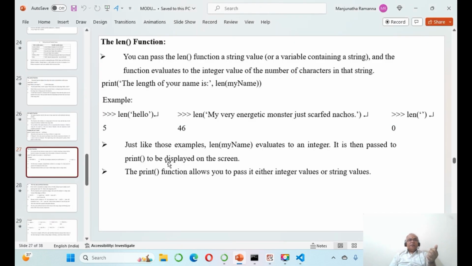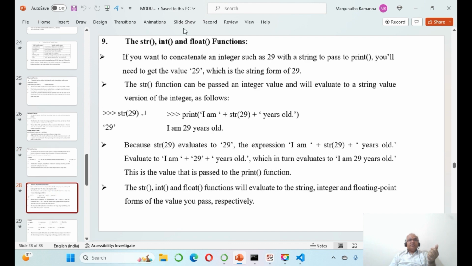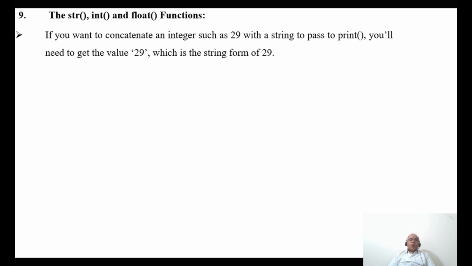Now we will go for the next one, the str, int and float functions. How will this be executed? If you want to concatenate an integer such as 29 with a string to pass to print, you will need to get the value 29 as a string.